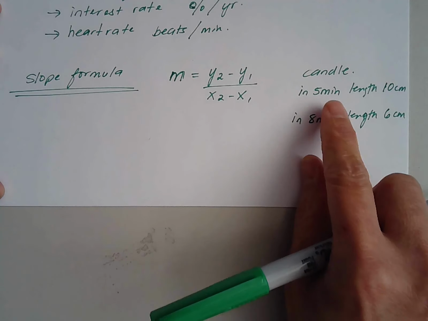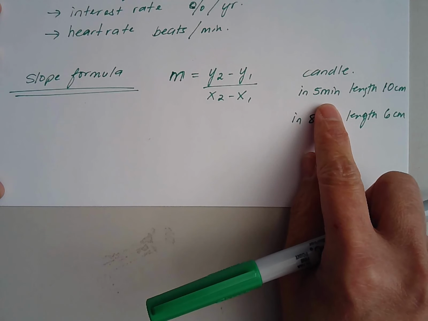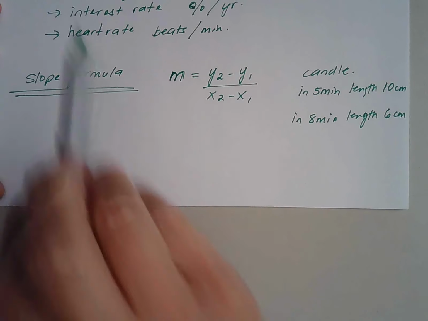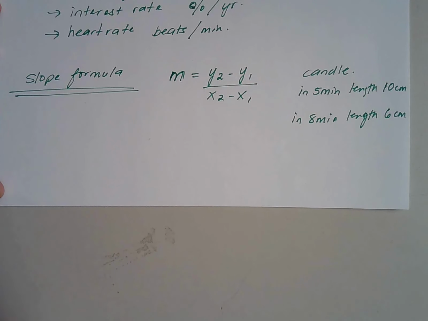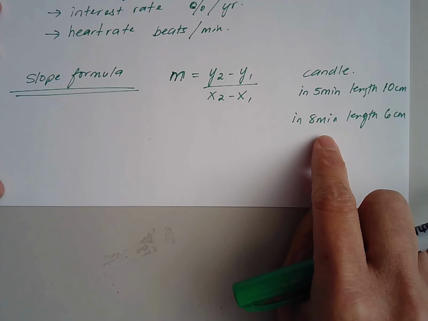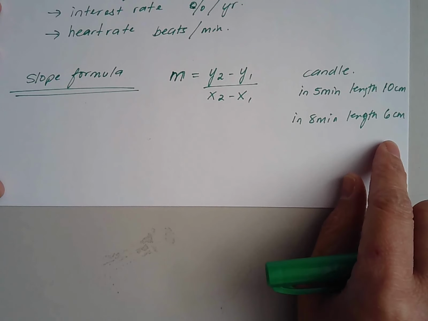So think about the candle. It's lit. As time goes on, what's happening? It decreases. There's a change in length, but there's also a change in time.